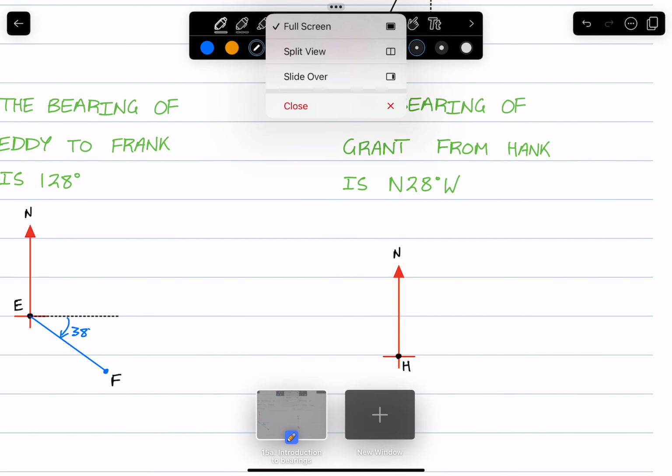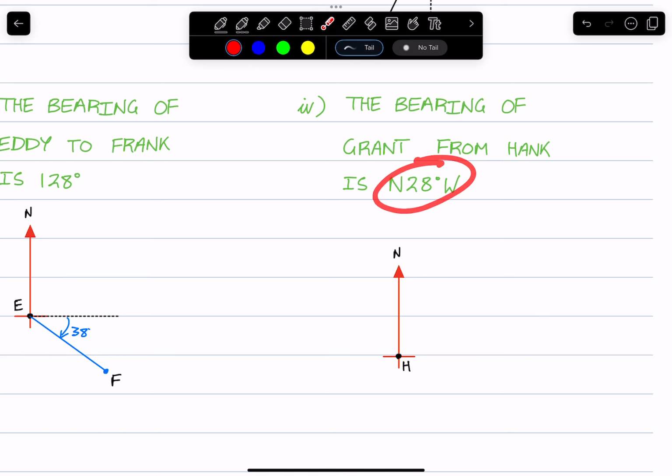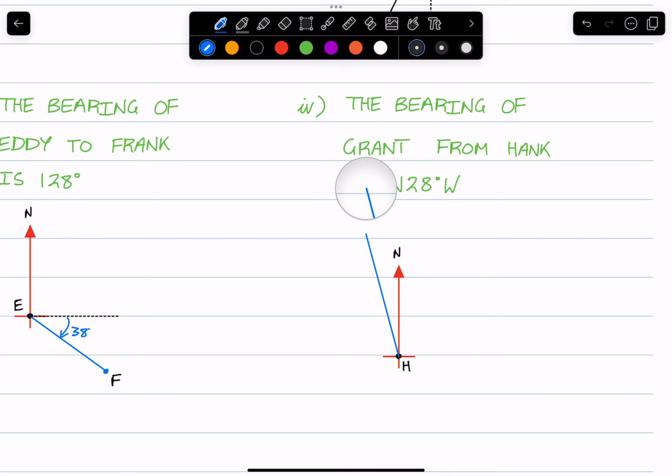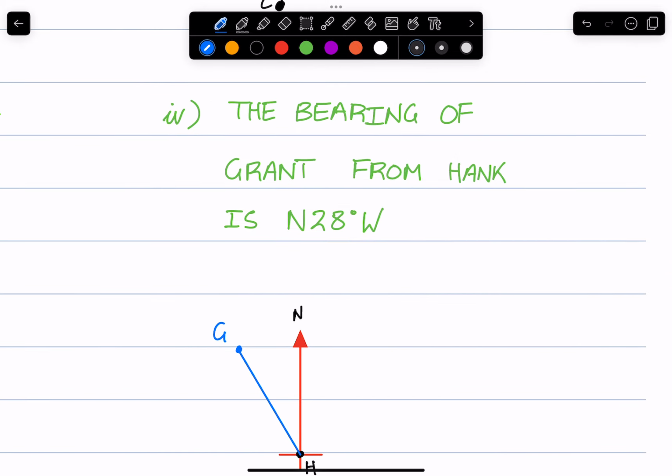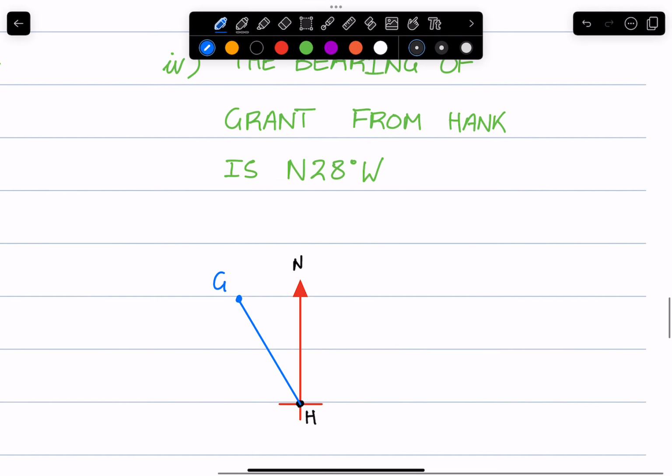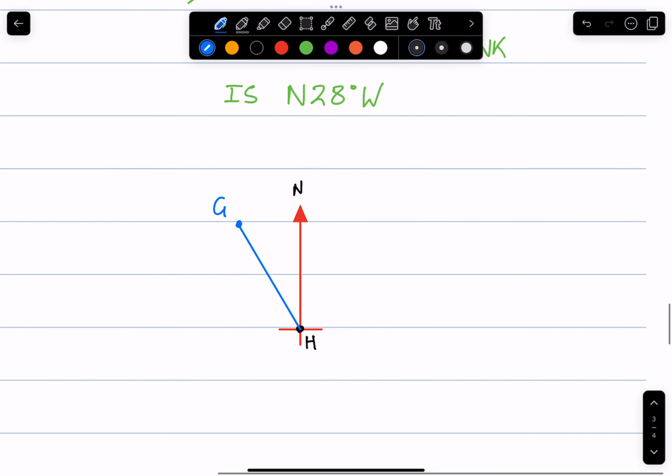And our bearing is a compass bearing. So we're starting from north and we're turning towards the west 28 degrees. So 28 degrees to the west would just be about here. And Grant would be at the end of that vision of Hank. And the angle here would be 28 degrees.